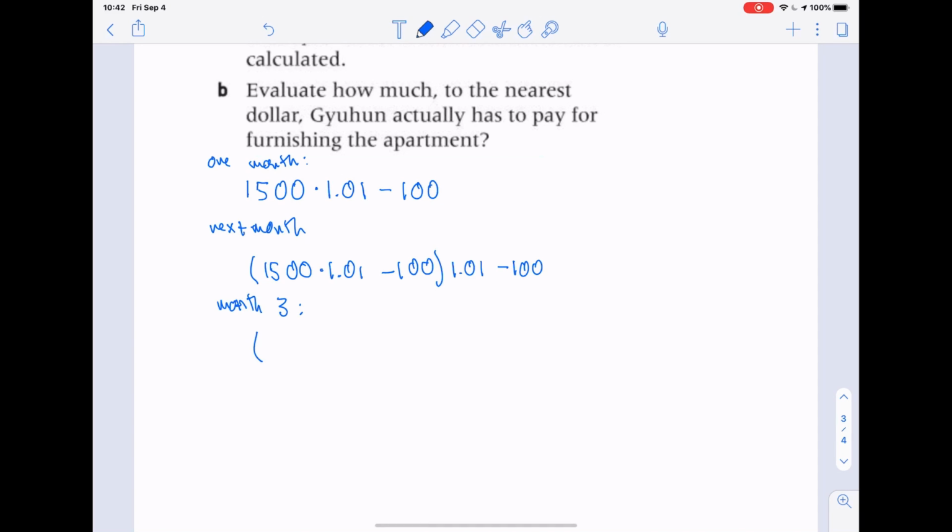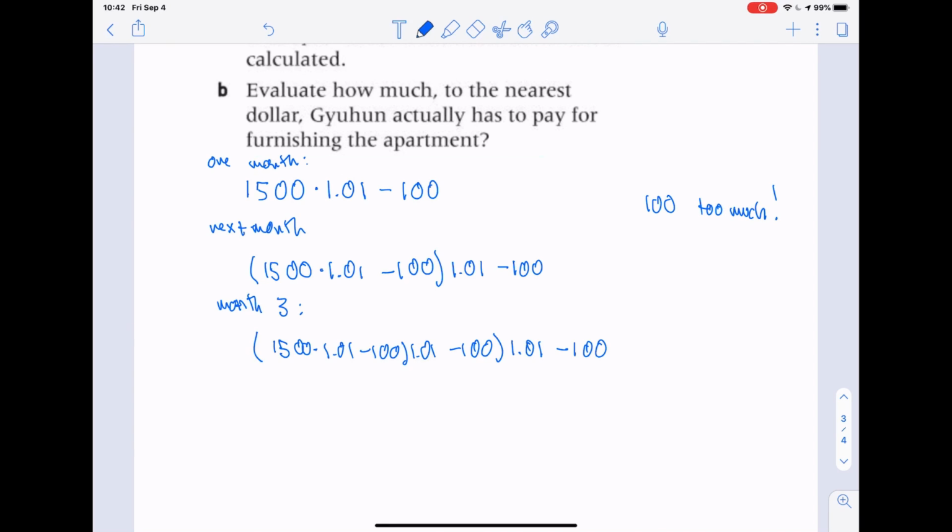So the previous amount, 1,500 times 1.01 minus 100, minus 100 times 1.01 minus 100, so that's the previous amount. We're going to multiply that by 1.01 because that's the interest that we are owed, and then we're going to subtract 100. So you see, each month we're taking the previous amount, multiplying it by 1.01, and subtracting whatever our monthly payment was. But we figured out that 100 is too much.